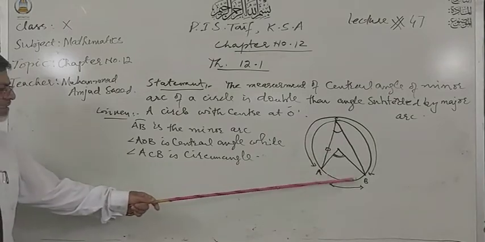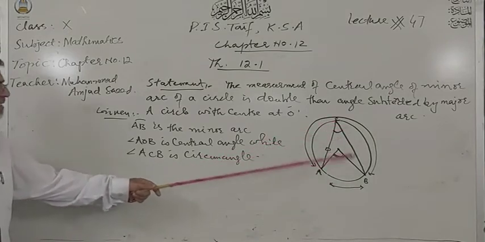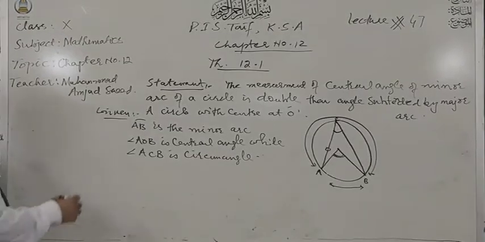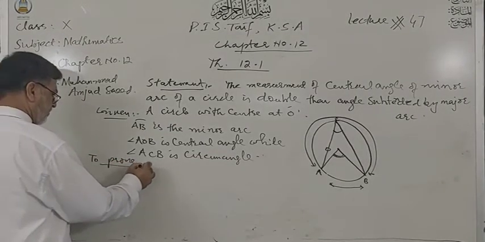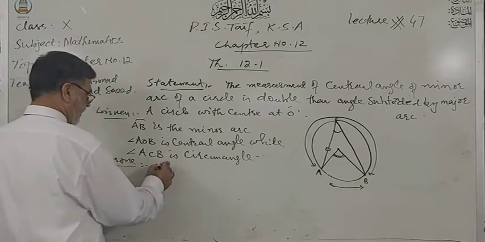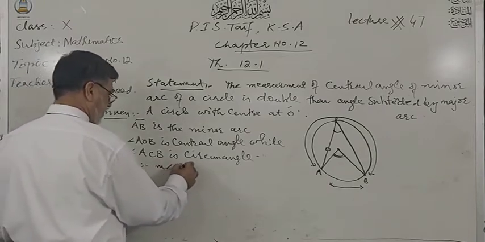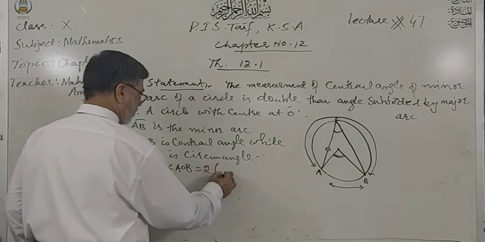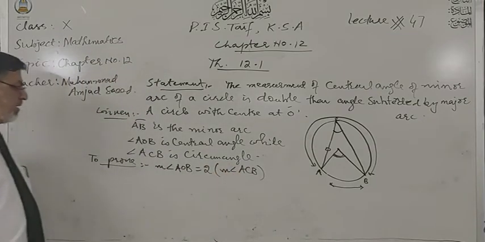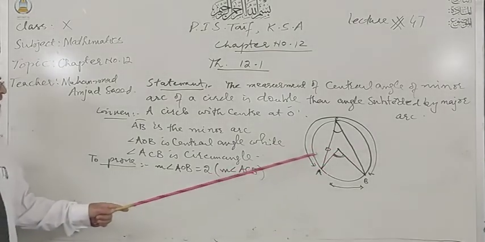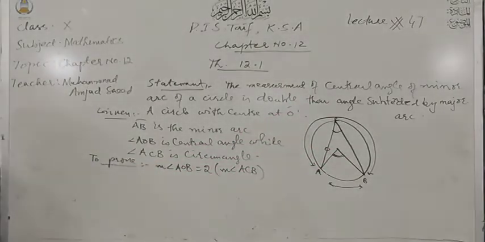Angle AOB is the central angle, while angle ACB is the circumference angle. To prove: angle AOB is equal to 2 into angle ACB.